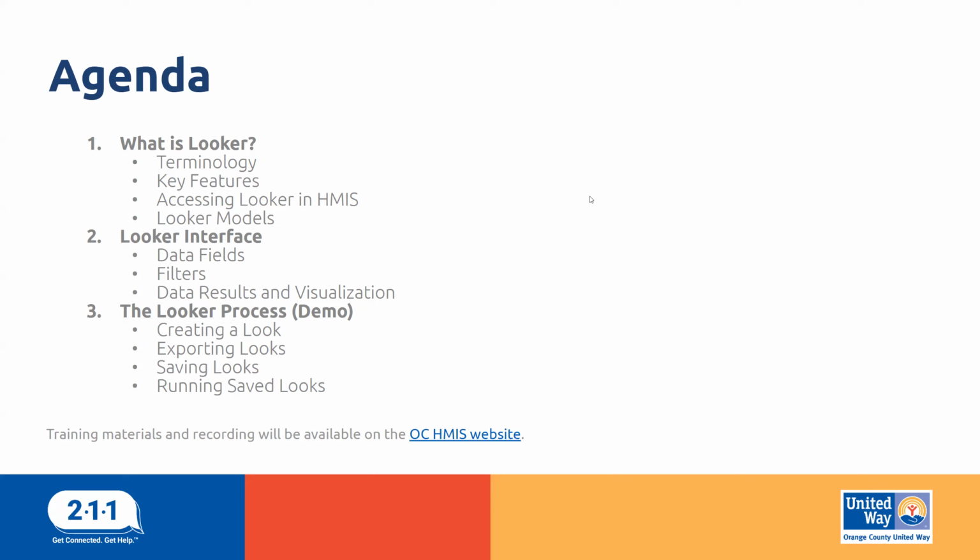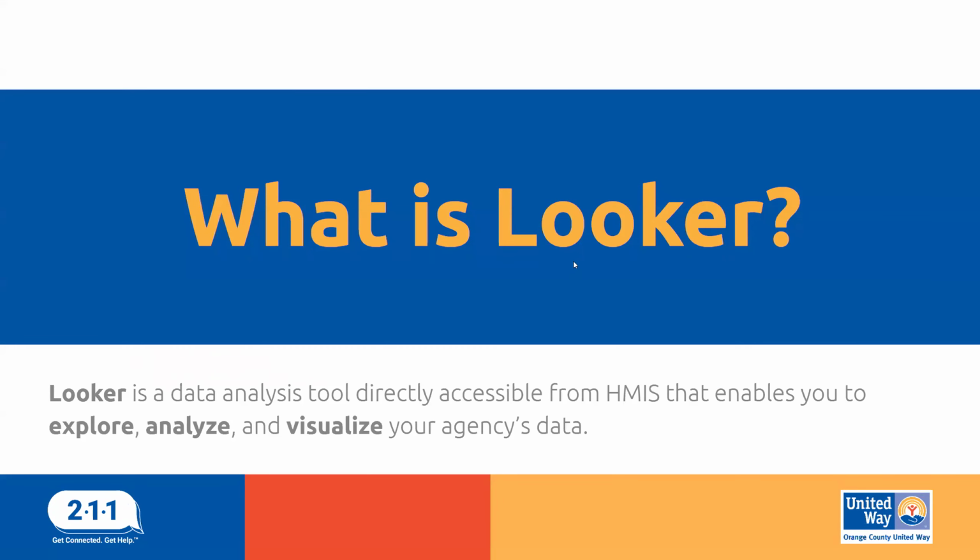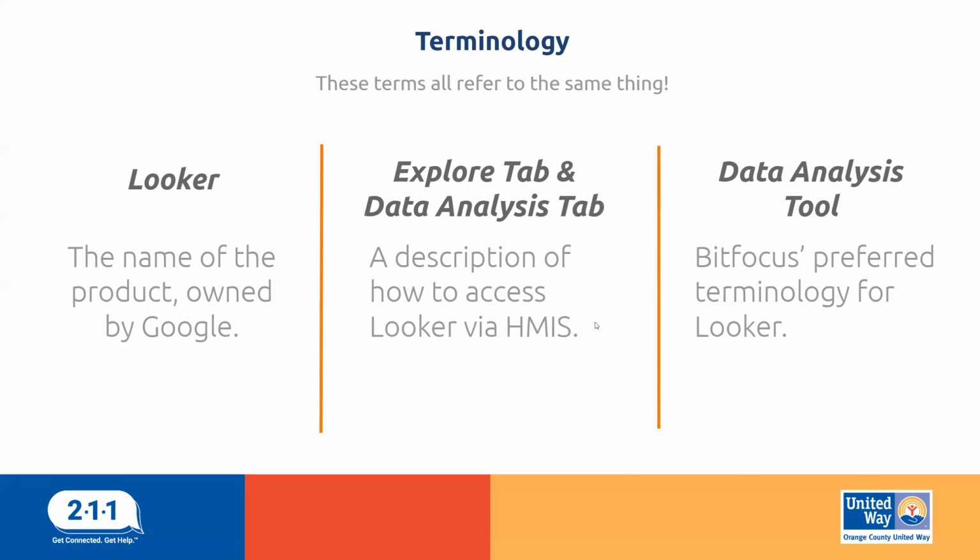So the first thing I wanted to cover was, what is Looker? Looker is the reporting tool in HMIS, and it enables you to explore, analyze, and visualize your agency's data. It goes by a few different names. Throughout the presentation, if I say Looker, reporting tool, Explore, or Data Analysis tab, they're all referencing the same thing.